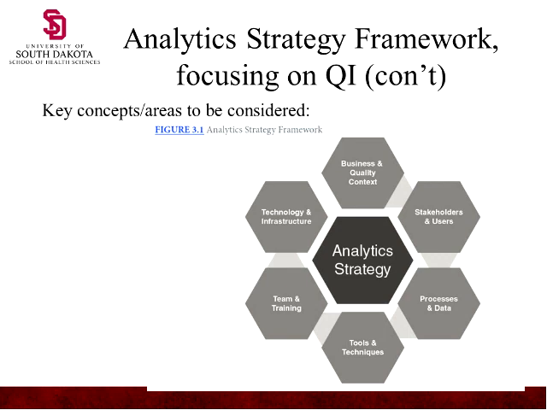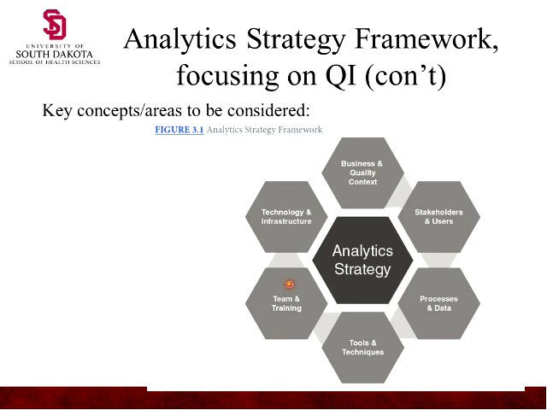Now you look at the analytic strategy framework here, and this is in your book. You'll see this in figure 3.1. What you'll see is an analytic strategy is really made up of 6 different facets. You have the business and quality context. You have the stakeholders and users. You have to look at the processes and data. You have to identify the tools and techniques you're going to use.